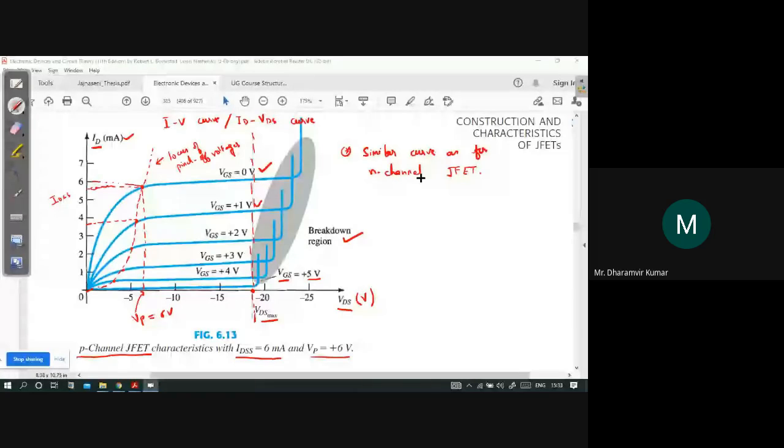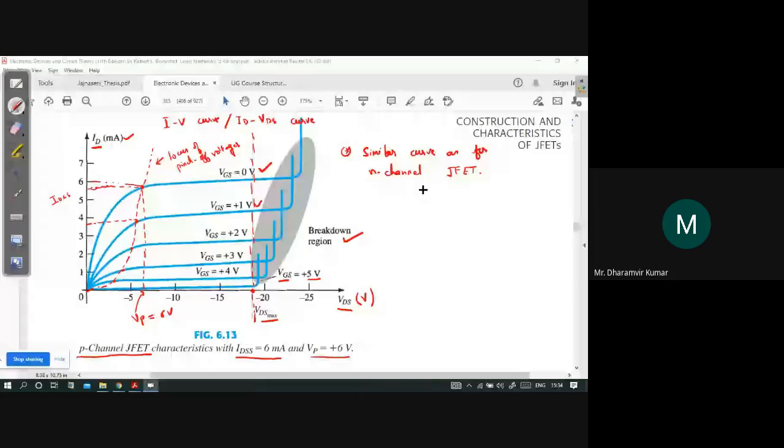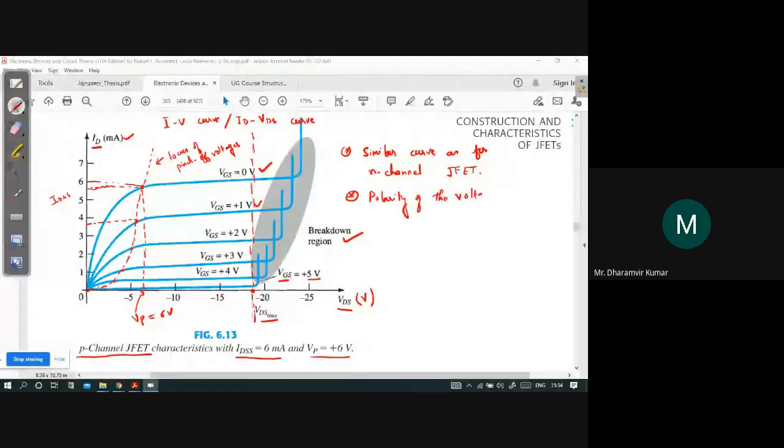Similar curve as for N channel JFET. So you need not remember different curves. If you remember just one curve, it will be sufficient, because the curve shape is the same. Take care that the polarity of the voltages has reversed. If it was negative for N JFET, it becomes positive for P channel JFET, right?